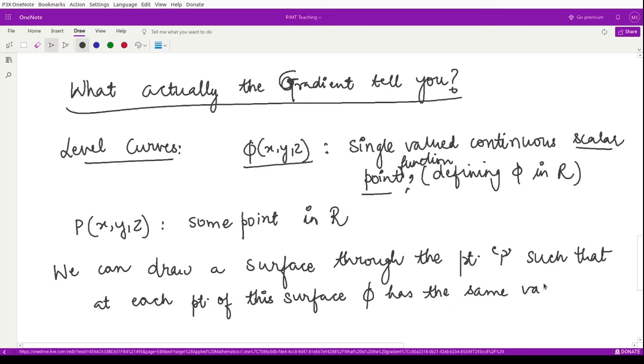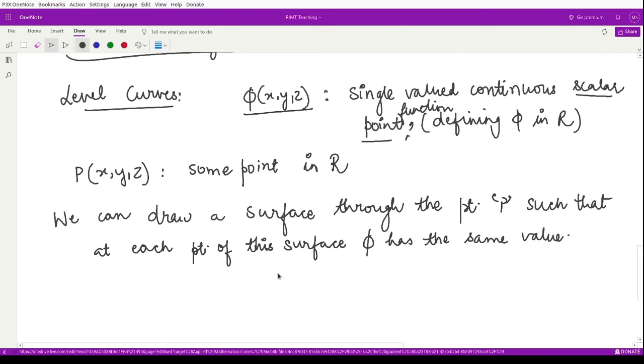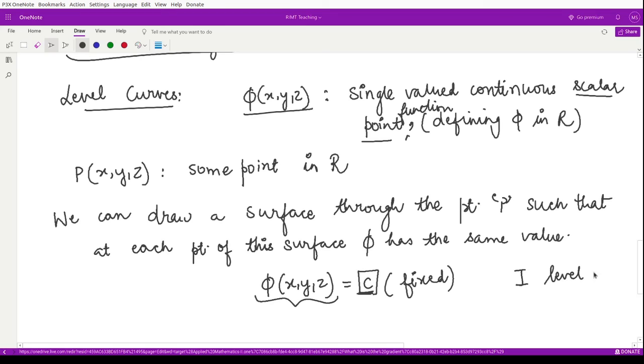Now this is interesting. Mathematically, this means that if I am calling my function phi of x, y, z, then this is equal to some constant c through this point. This constant c is fixed in nature. That means whenever you roam around this surface through the point P, the value will not change, right? And this c is fixed for one particular level curve. So this is, say, for the first level curve.